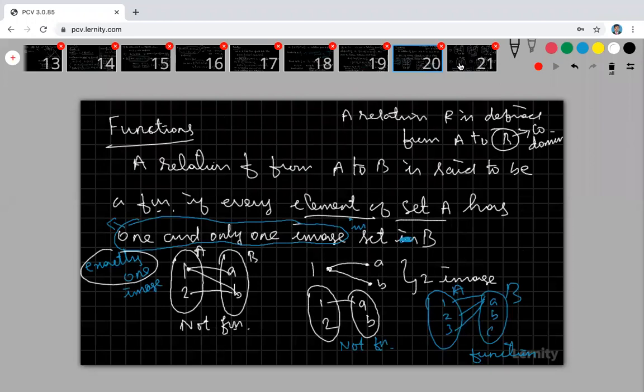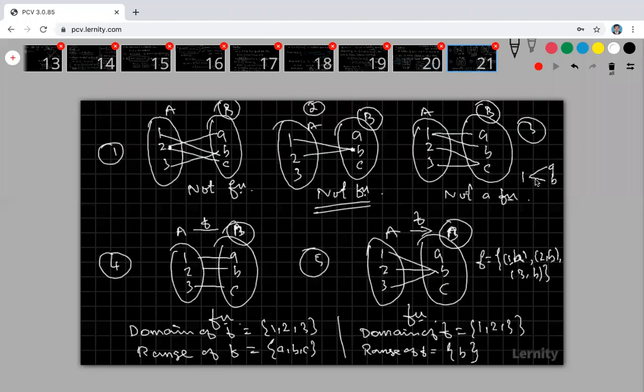What is the meaning of one and only one image? Exactly one image. Not more than one image, not less than one image. Here my one has two images. That means one is related to two elements that are images. So therefore, since my one has more than one image, this is not a function.